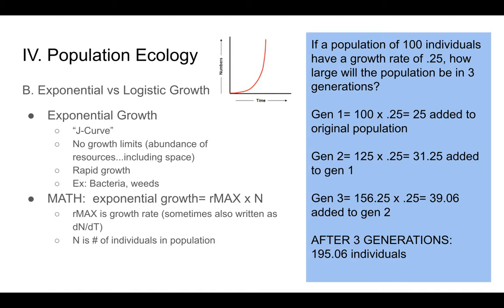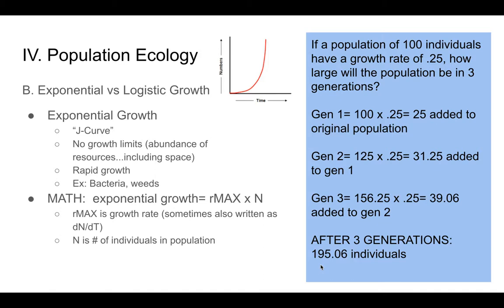If it were a steady growth, where the growth rate never changed, it wouldn't have been a steady 25 individuals added to the population every single generation. That number would have gotten us 175.